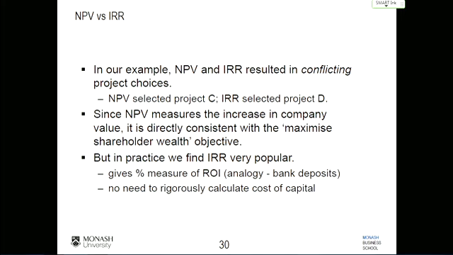So here, with NPV and IRR, what we are saying is that IRR, even though sometimes it can provide you, as the financial manager, with a conflict of interest or a conflicting decision with the NPV criteria, is used a lot in practice.